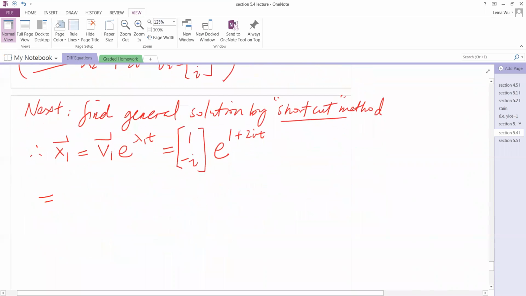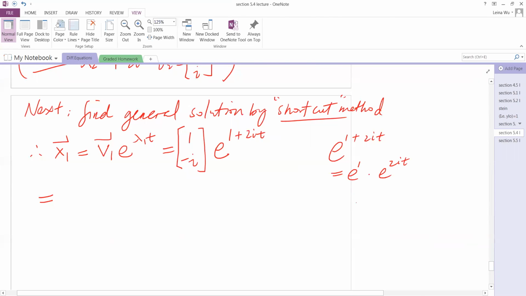Now remember, e raised to 1 plus 2it. Can I separate this into two parts? Yeah. e to the t times e raised to 2it, correct? Wouldn't 1 plus 2i be in the parentheses?